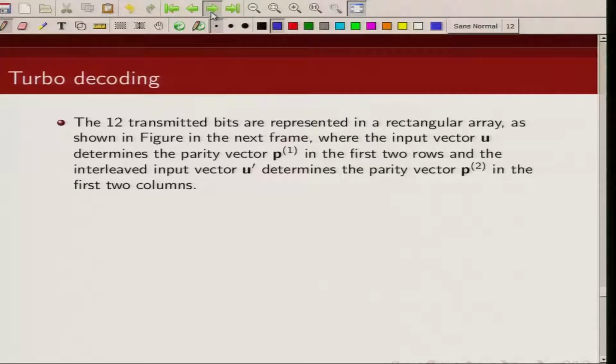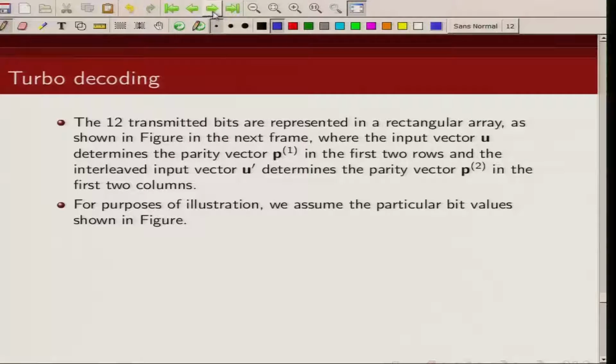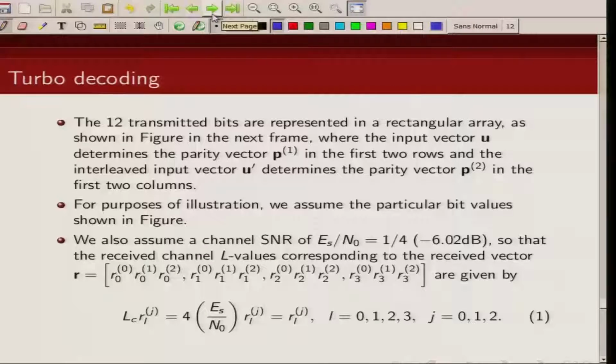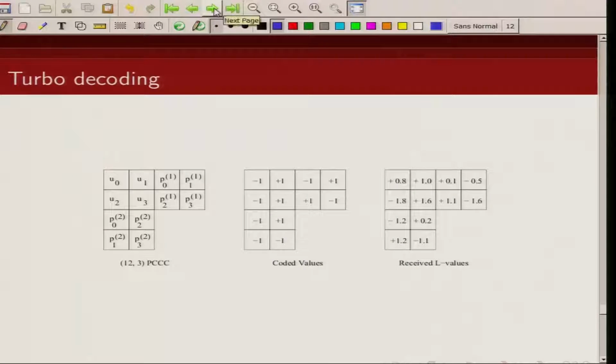I am assuming a channel reliability factor Lc of basically 1, so Lc times the received value in my case will be the same as the received value for this particular signal-to-noise ratio. This is just a toy example to illustrate how this decoding works.